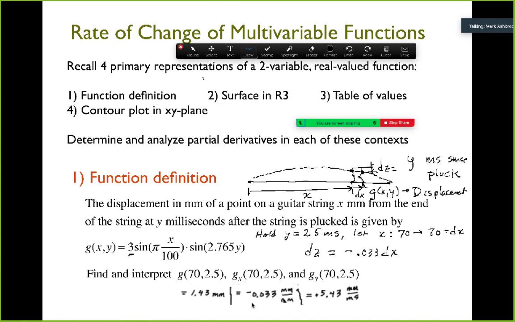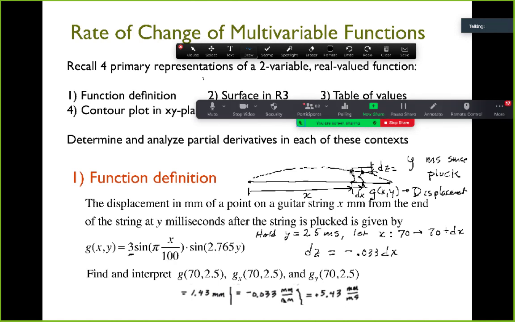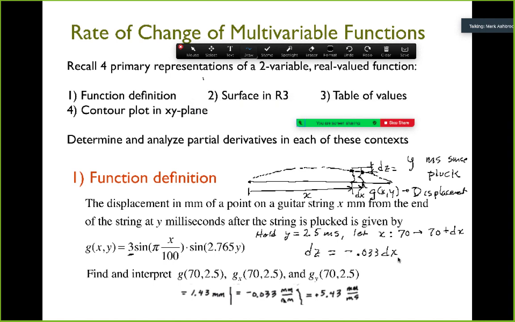If that rate of change was a big value, then for a change in x, we'd see a big change in z. The string would be coming down a lot further, a lot faster.